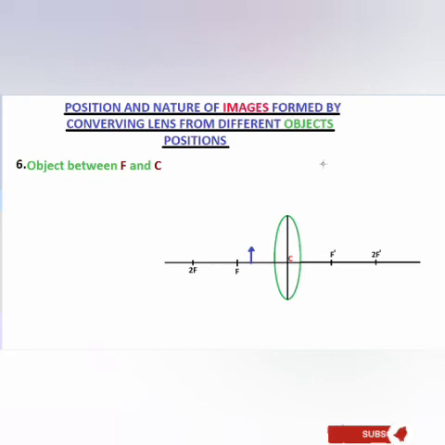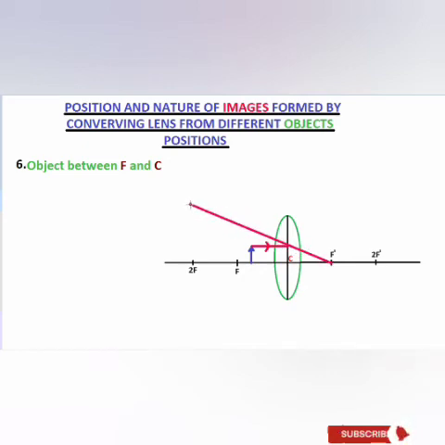Then I will draw a ray parallel to the principal axis, indicate with arrows the direction. The ray will be deviated through F prime.